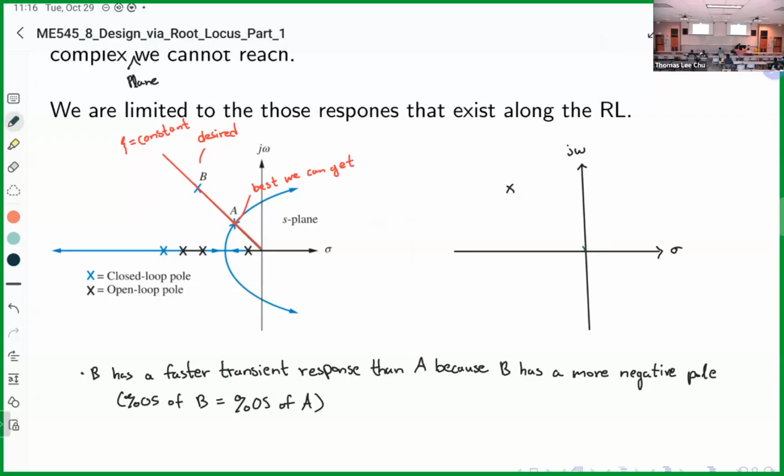The length here is the natural frequency. This is the negative natural frequency multiplied by the damping ratio, and this height here is j times omega_d, the damped frequency, which is equal to j times omega_n times the square root of 1 minus zeta squared.